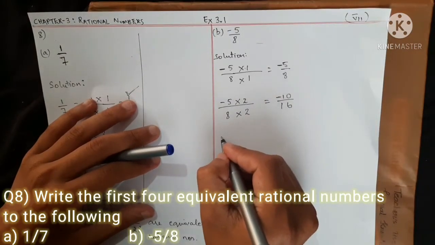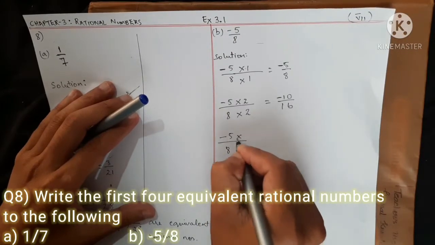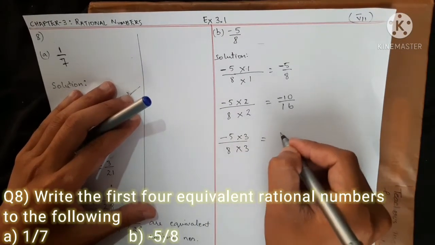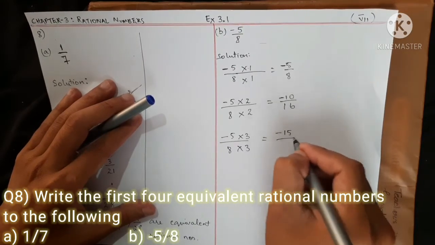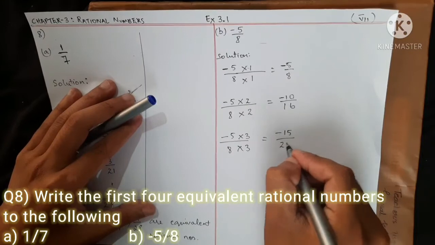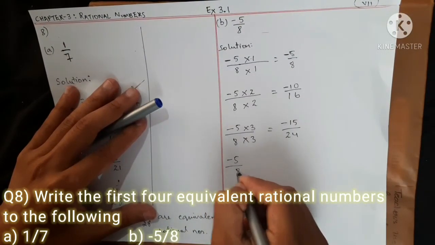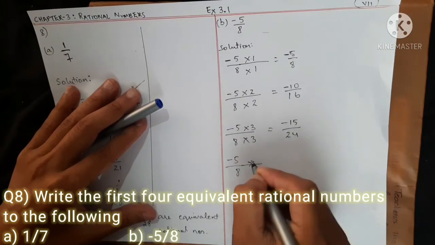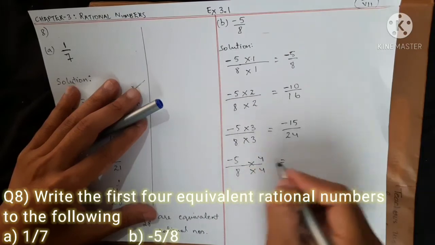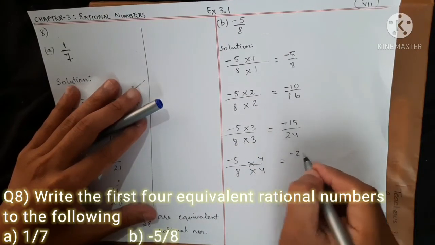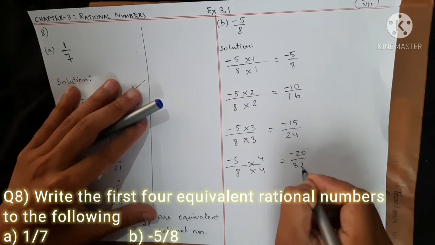Next, minus 5 by 8, multiply it with 3. So minus 5 multiplied by 3 equals minus 15, and 8 multiplied by 3 equals 24. Again, minus 5 by 8 multiplied with 4. Minus 5 multiplied by 4 equals minus 20, and 8 multiplied by 4 equals 32.